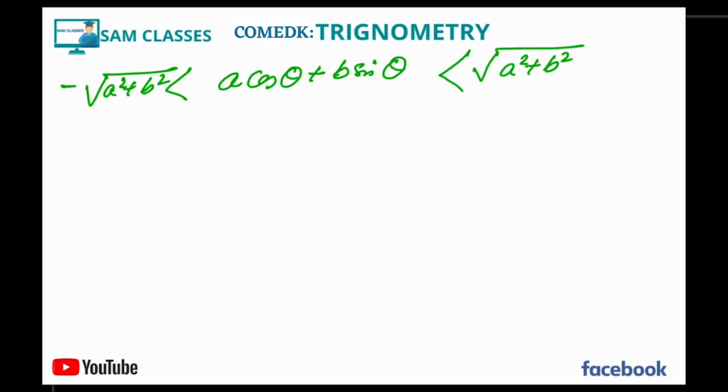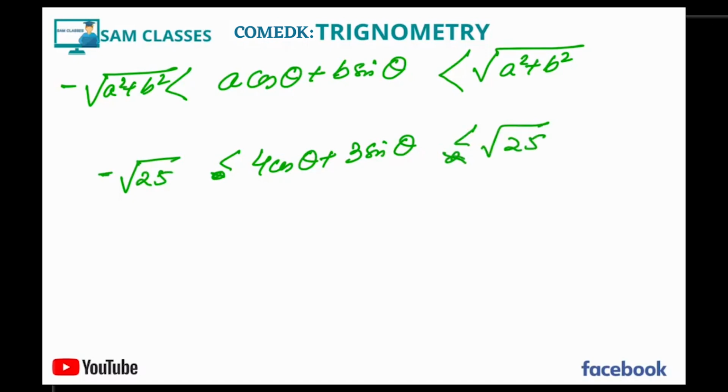How do we solve this kind of question? Let's say we have 4 cos theta plus 3 sin theta. This is always greater than minus root of 25 and smaller than root of 25. So that is greater than minus 5 and smaller than 5. Clear?